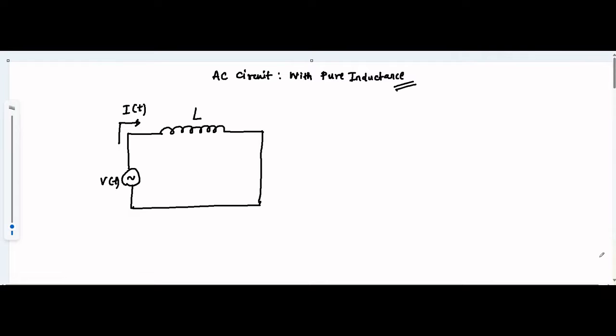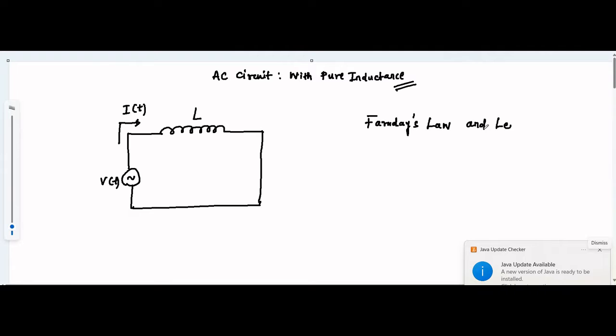But here, the explanation for the current flowing in the circuit because of the applied voltage is given as per Faraday's law of electromagnetic induction, and also Lenz's law. But here we're going to ignore the sign, so we are only going to focus on the magnitude.